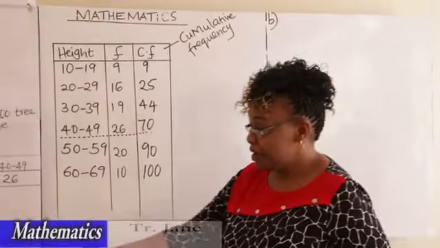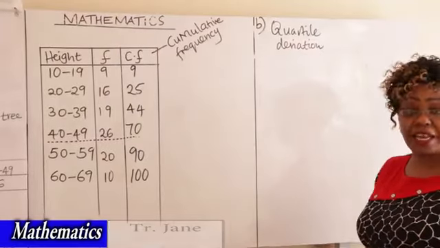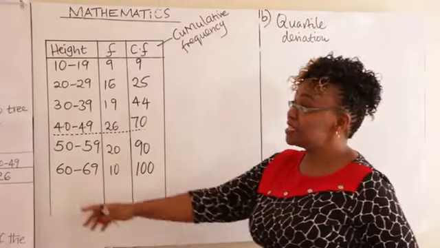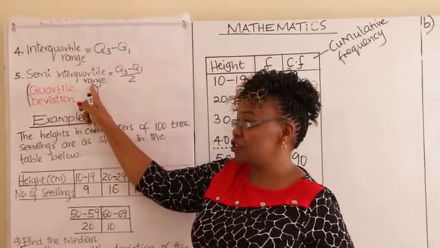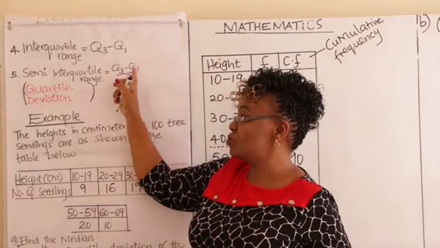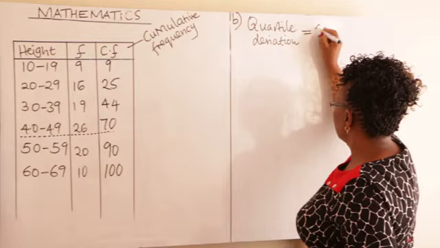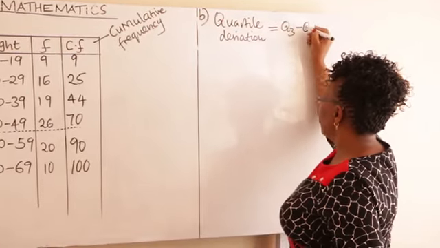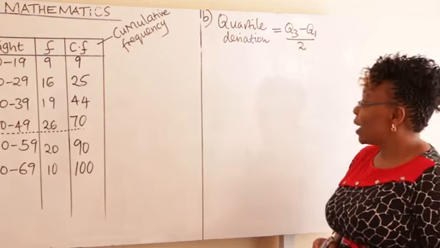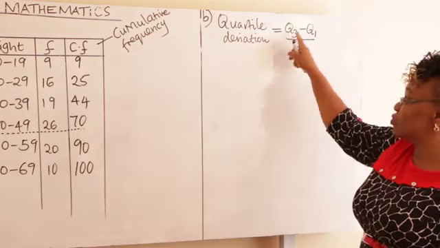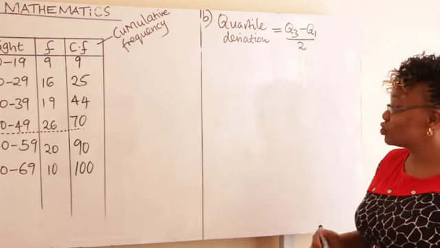So part B, find the quartile division of the heights. Quartile division, learner, remember we said it is the same as the semi-interquartile range, which is Q3 minus Q1 over 2. Therefore, we need to calculate Q3 and Q1 so that we work out our quartile division.